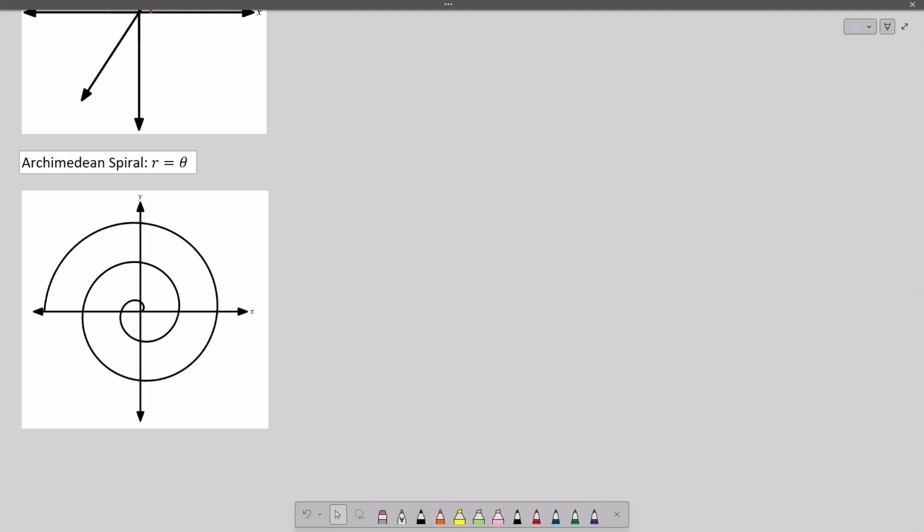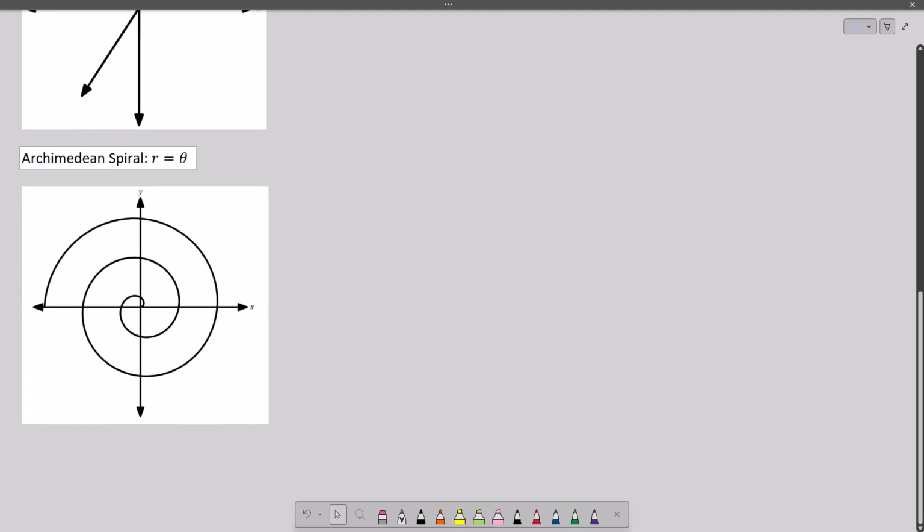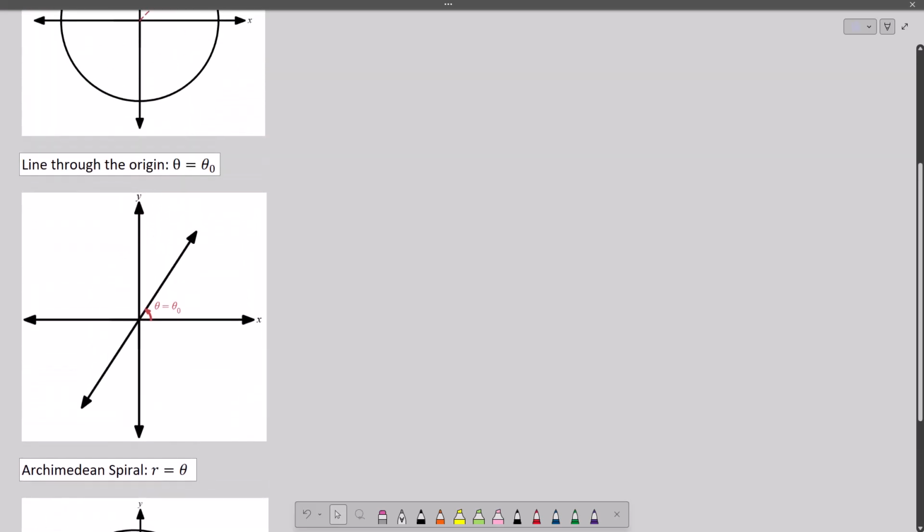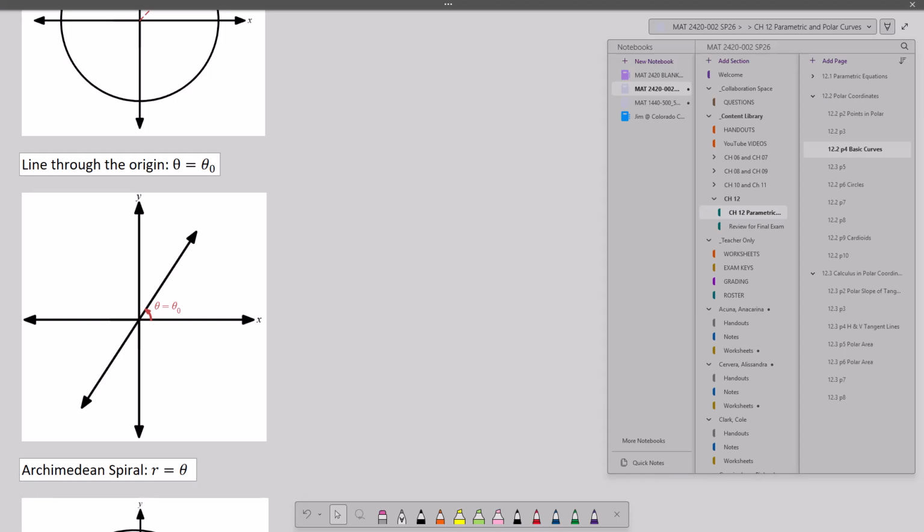When we let r and theta be equal to each other, as theta increases, we're rotating counterclockwise, and r is increasing, pulling us further from the origin. So that's the identity equation in polar. It's that Archimedean spiral. So that gives us a sense of how the graphing is going to begin in polar.